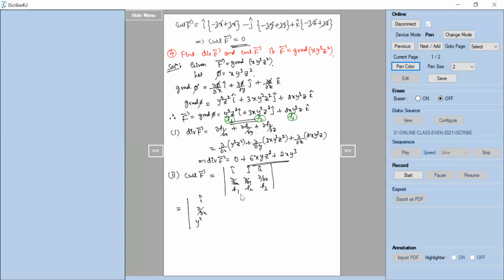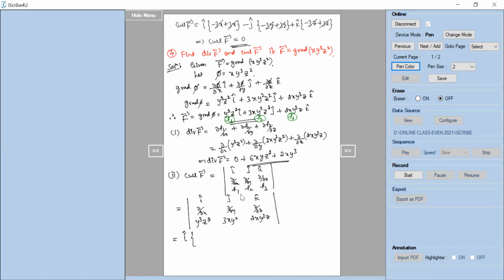We know f1 is y cube z square. Next j cap, dou by dou y here, f2 was 3xy square. k cap into dou by dou z here, this is 2xy cube z. So f1, f2, f3 are substituted. Now we have to differentiate partially. So expand the determinant and differentiate partially.